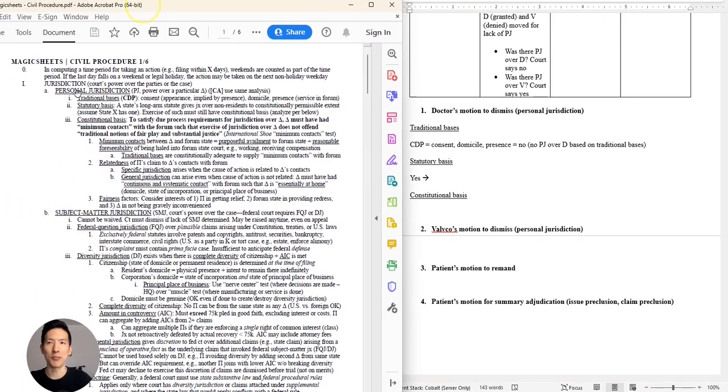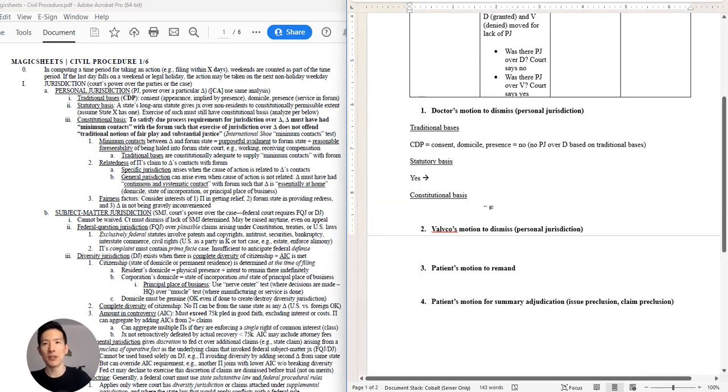I can actually pull this up here. Minimum contacts between defendant and the forum state. That also has a couple of elements. We need relatedness of the plaintiff's claim to the defendant's contacts with the forum. And then lastly, we need some fairness factor. We got to look at whether it's fair to have personal power over the defendant, the doctor in this case.